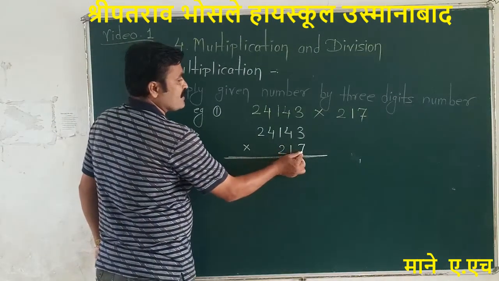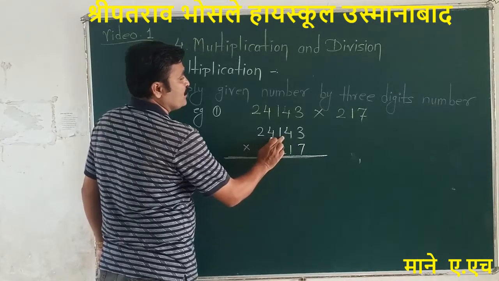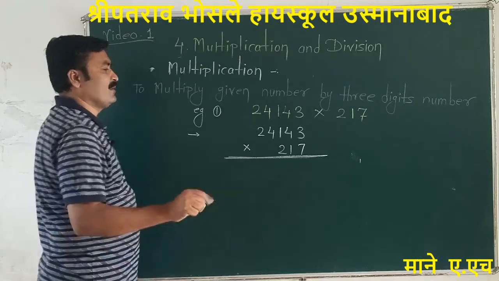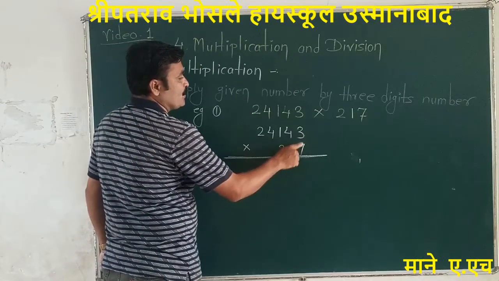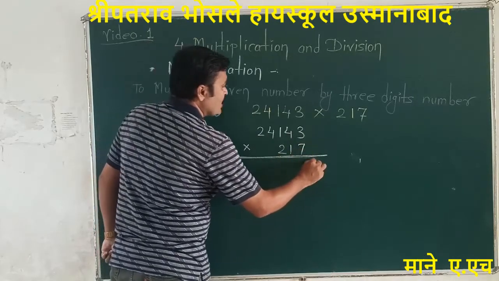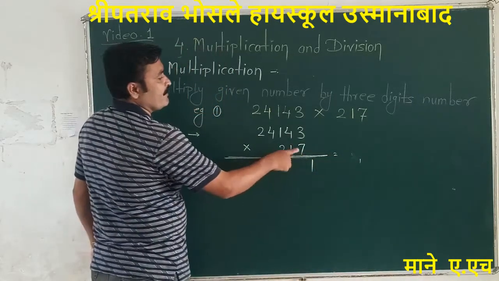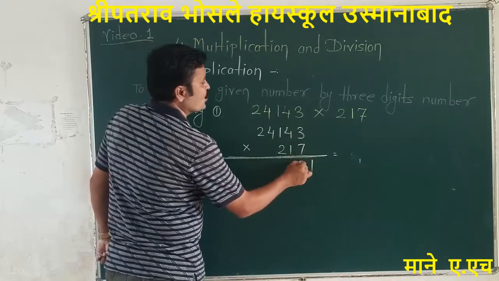So first we start by 7, 24,143. The whole number should be multiplied by 7 first. So use the table of 7. So 7 into 3, 7 3s are 21. Write here 1, 2 taken as carry. 7 into 4, 7 4s are 28. Plus 2, 30.